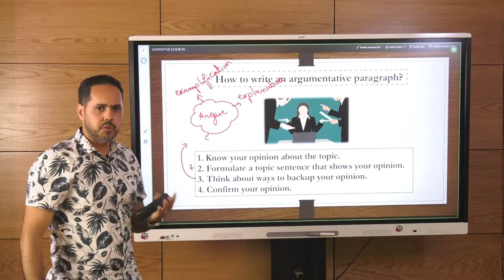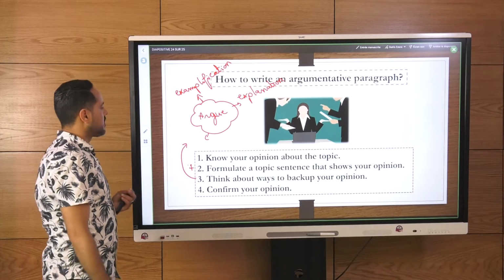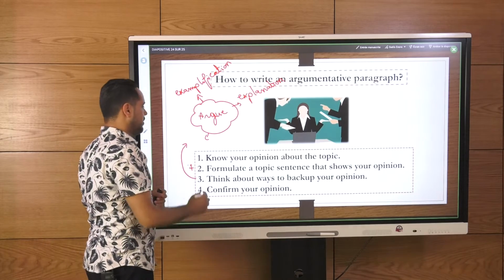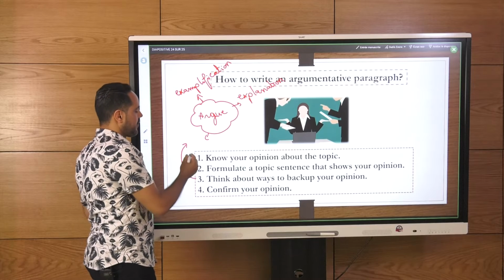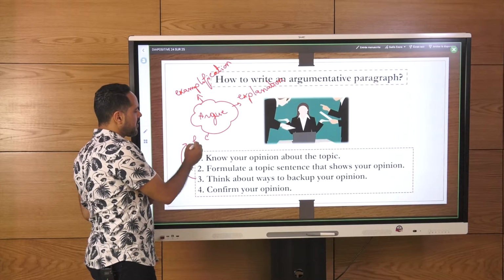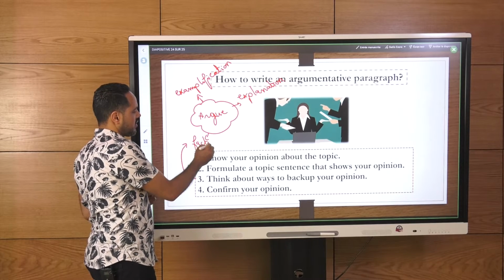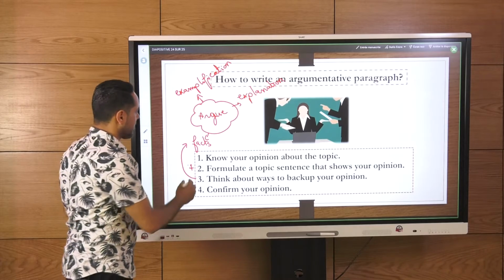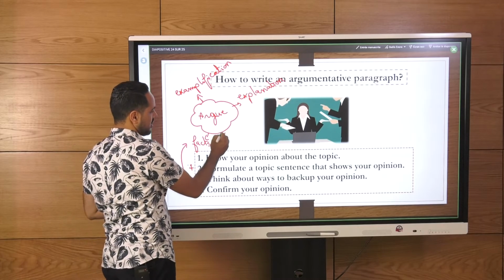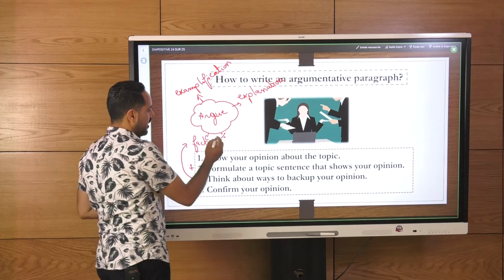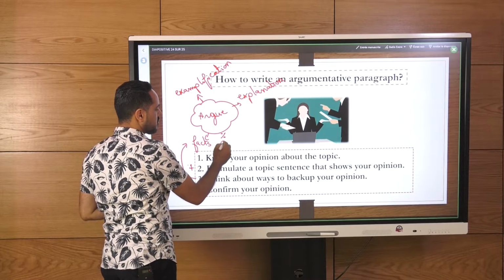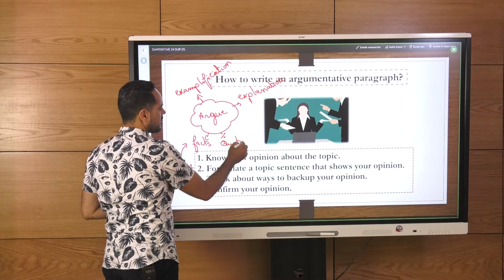Explanations help you to explain and make your opinion very clear for the reader. Three, it's when you give facts. What I mean by facts, it means like statistics, like percentages, it could also be quotes, quotations.